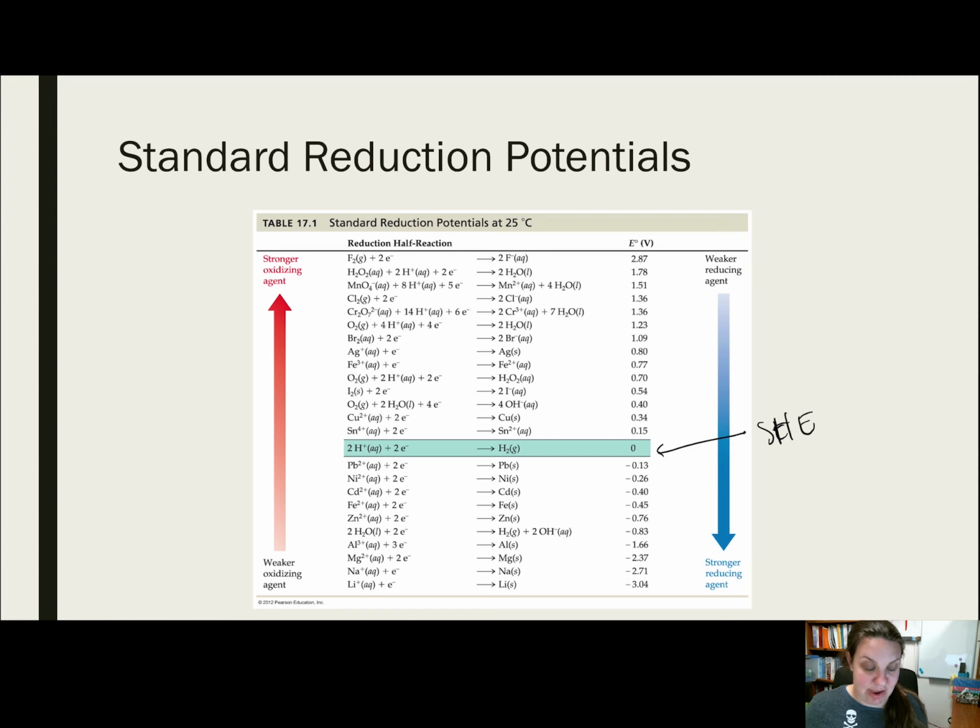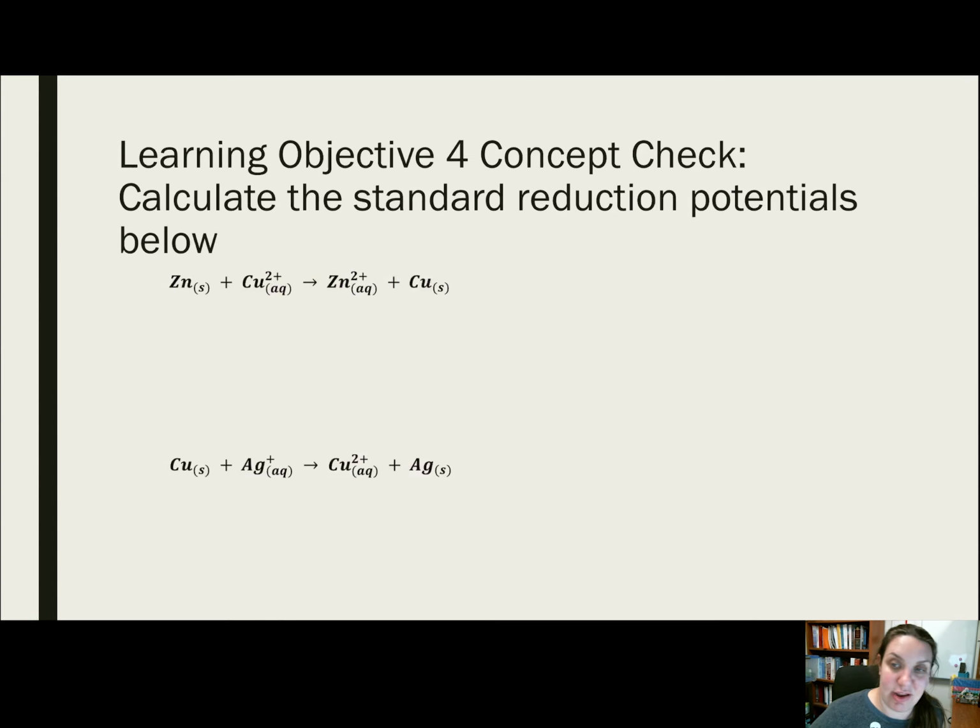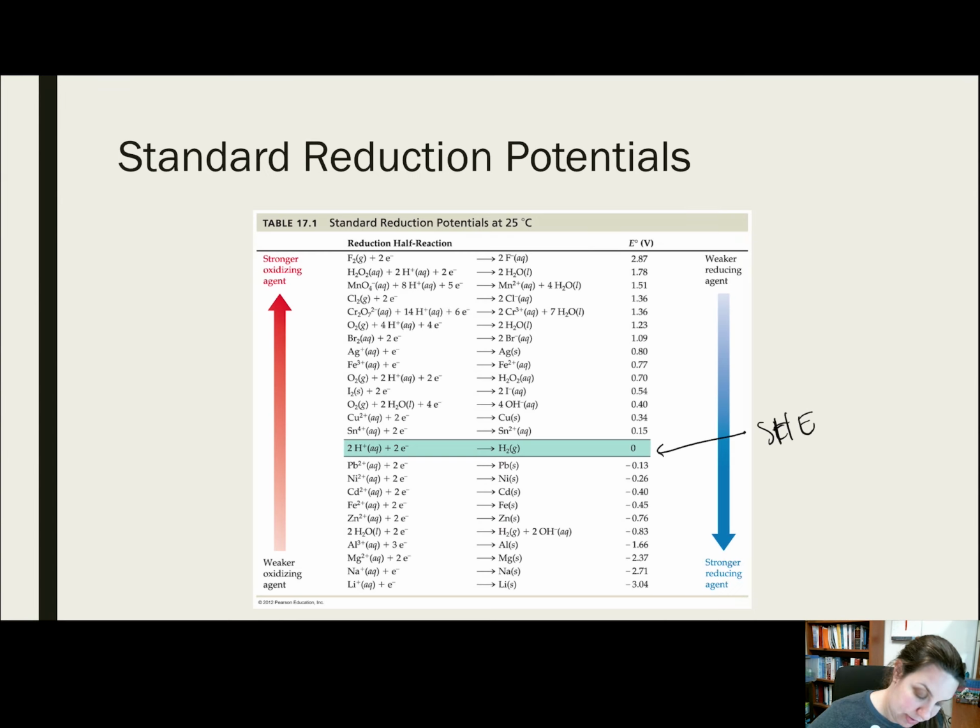Okay, so let's try this out with the following two problems. We want to determine our cell potential for these two electrochemical cells. So we've got zinc solid reacting with copper 2+ to produce zinc 2+ and copper solid. Let's break it down into our two reactions.